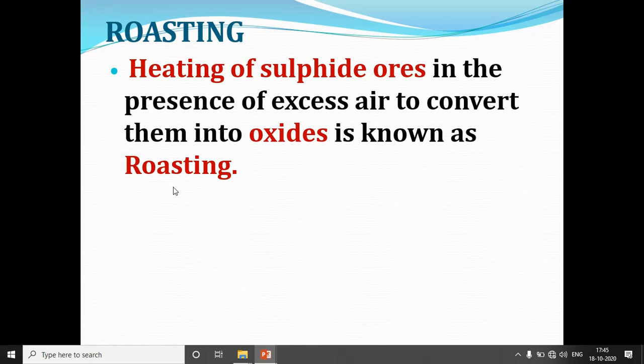That process is known as roasting. Very important question: what is meant by roasting? Heating of sulfide ores in the presence of excess air to convert them into oxides is known as roasting.